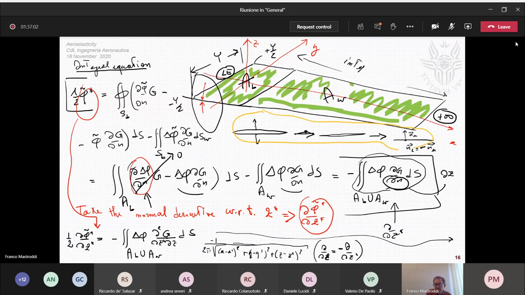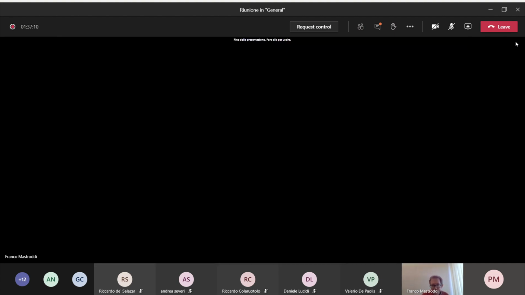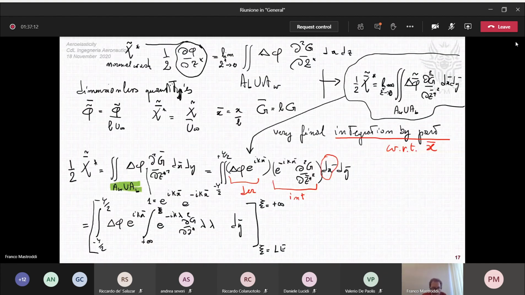integration by parts, I have a boundary term, to be evaluated in the second edge of integration and the first edge of integration. And this term is composed by a factor, which is the original term, and the term to be integrated.